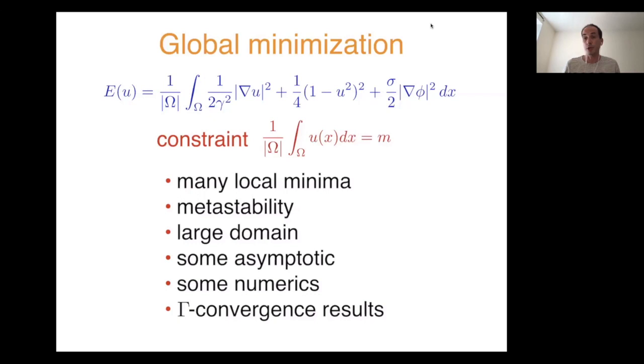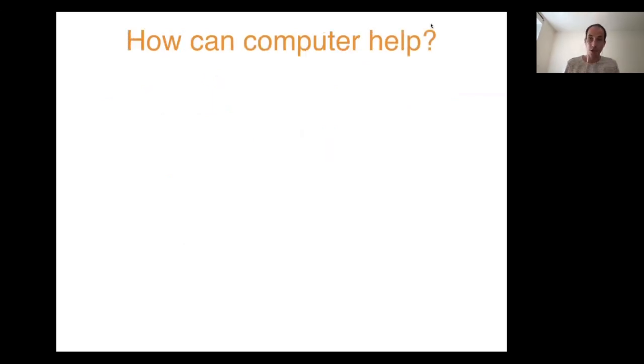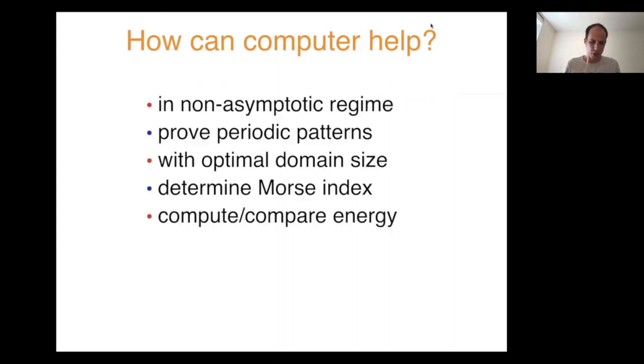And so this is where we want to use the computer to at least prove some things for this minimization problem. So how could the computer help? The computer is not going to help in the asymptotic regime where you have the gamma convergence results. There, in fact, computational results are very difficult. But in the non-asymptotic regime, where probably the material really is, right? It is not believed that gamma is really very small in the true materials.